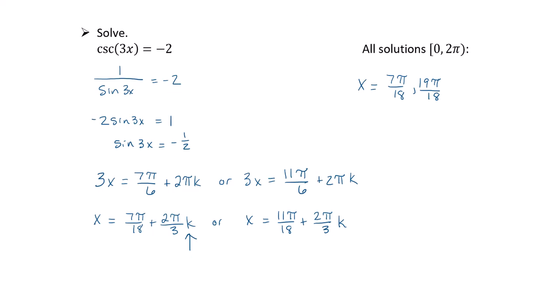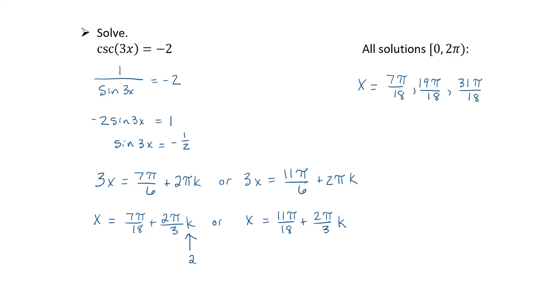If k is 2, then I'm going to be adding 4 pi over 3 to 7 pi over 18. That's going to give me 31 pi over 18.